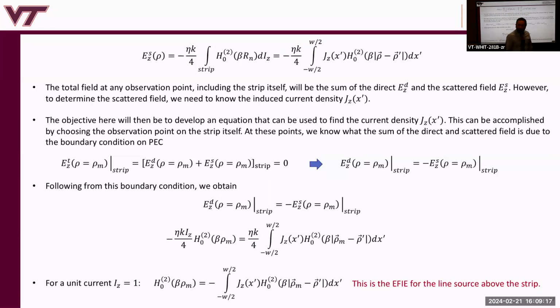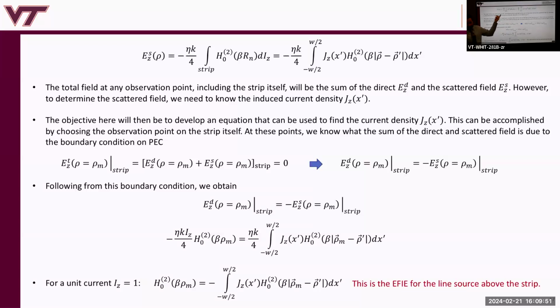How can we fix this so we can reduce the number of unknowns and find the current density, the quantity of interest? Well, we need to know what the left-hand side is, right? What's some place that we know what the left-hand side is? On the surface of PEC. Because on the surface of PEC, we know the total tangential electric field has to be 0. So if we add to this equation the incident field, then the incident field plus the scattered field on the surface of the PEC, we know what that value is because of the boundary condition.